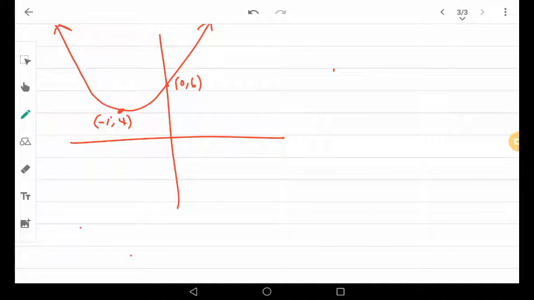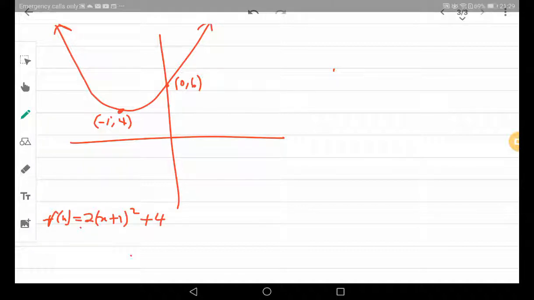And there's a question about for which values of x. Solve the equation here, this graph, f of x is equal to 2x plus 1 all squared plus 4.